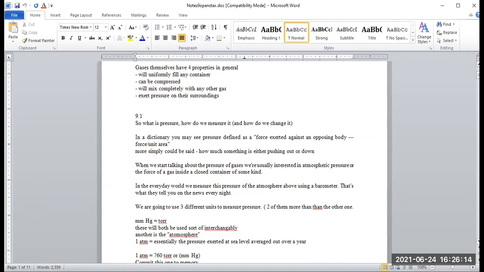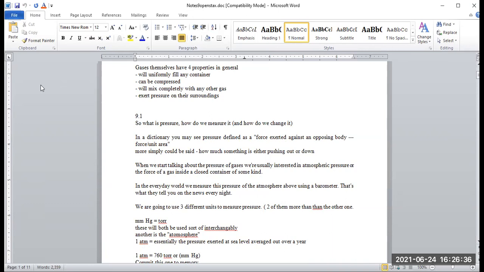If you think about this from a more generic, maybe more physics, point of view, it talks about pressure as force exerting against an opposing body, force per unit area.